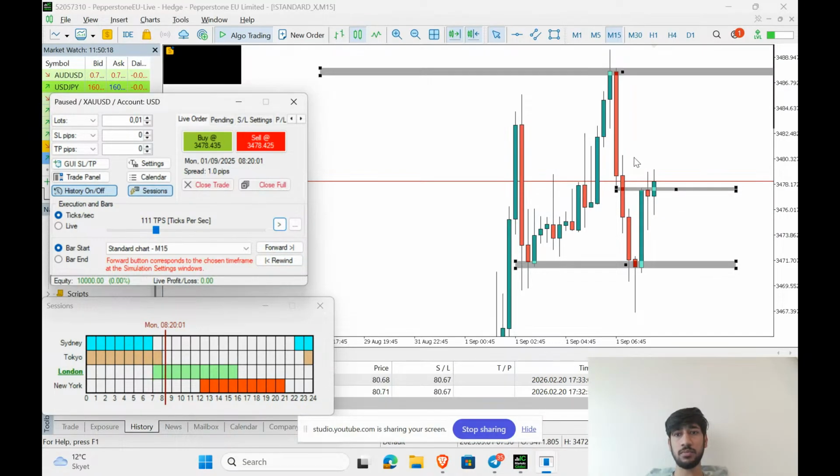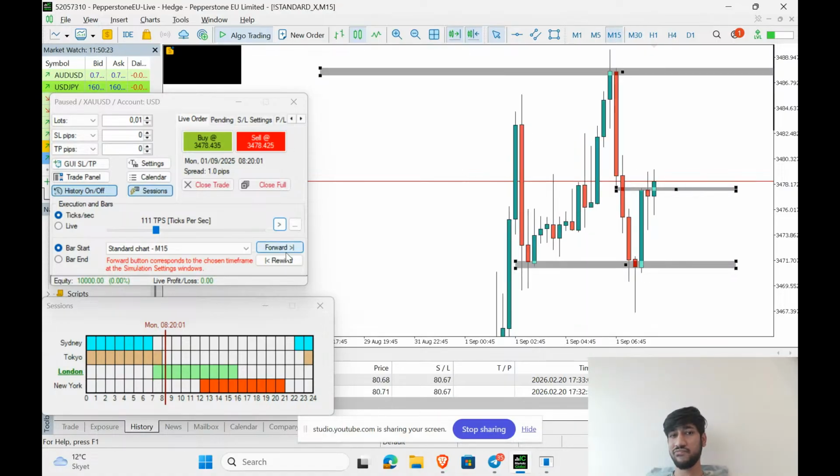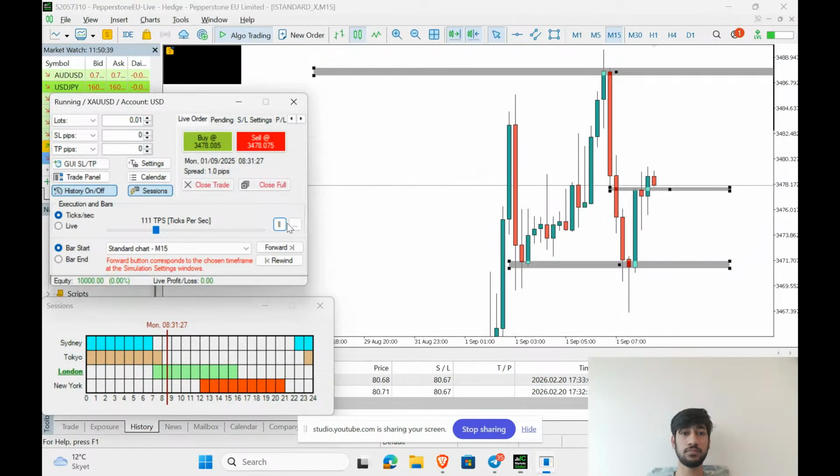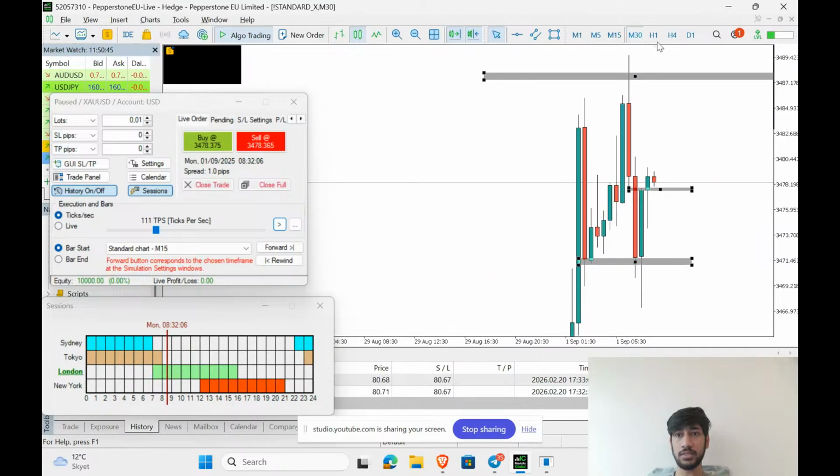Even if it broke above, it's 30 minutes, it's breaking above, but no, I need all the time frames to be in sync. I don't care whatever 15, whatever this does. I don't care. Trust me, I don't care until I get my setup. And I got my setup. See, this candle broke the high. 30-minute closing bullish.